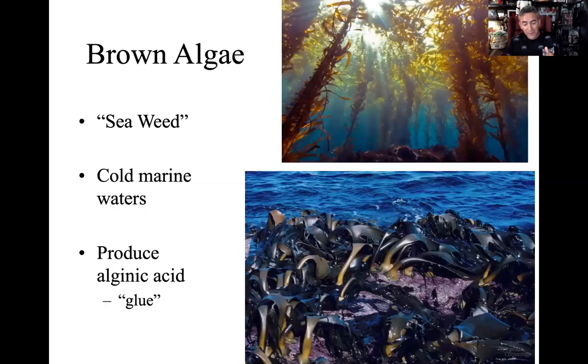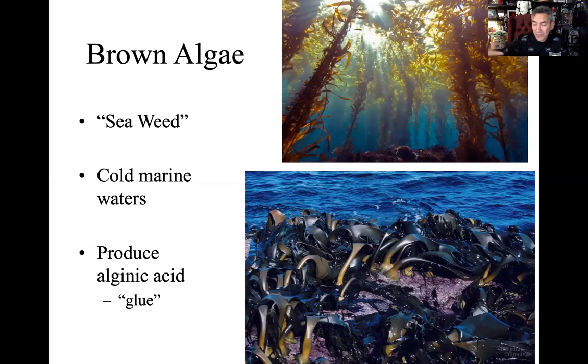All right, so diatoms, dinoflagellates, and now we progress to a more common form of algae that we call the brown algae. I don't know if you've had the experience of going out to the Pacific coast, the California coast, that very cold water, right?